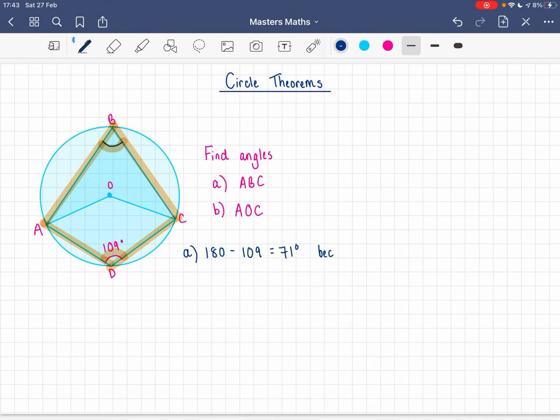Our reason is because opposite angles in a cyclic quadrilateral sum to 180. I'm just going to write quad, sum to 180. Okay.